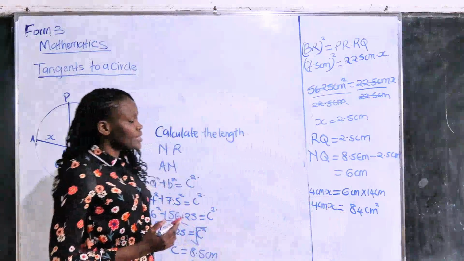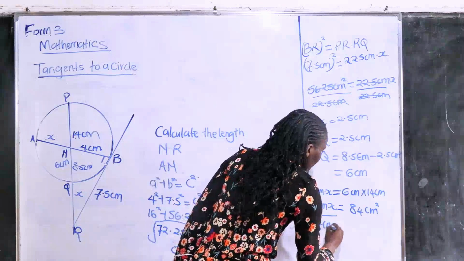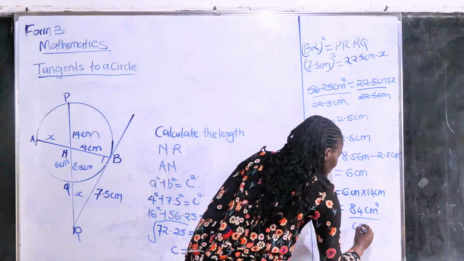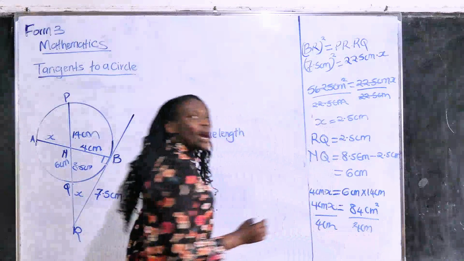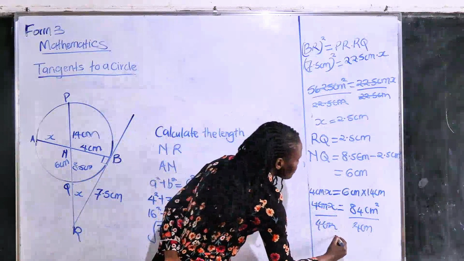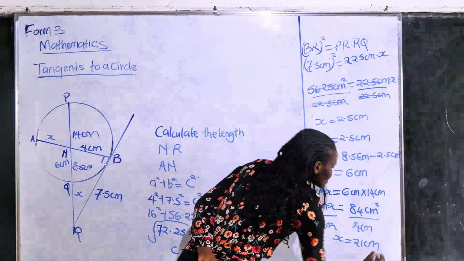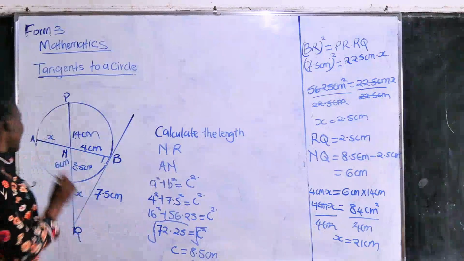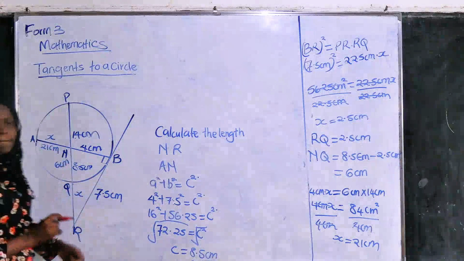For us to remain with x, I'll divide both sides by 4 centimeter. I'll remain with x to be 21 centimeter. So AN is 21 centimeter.